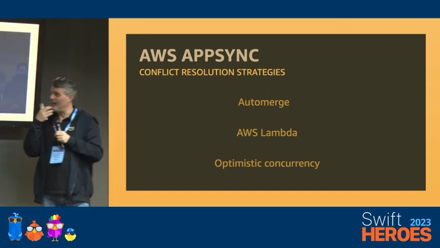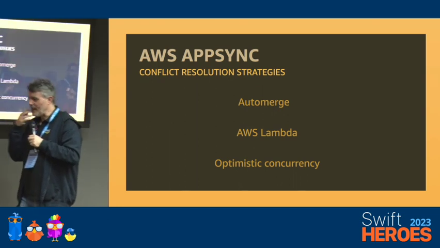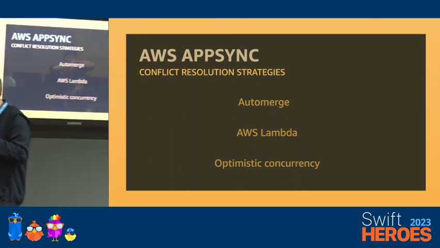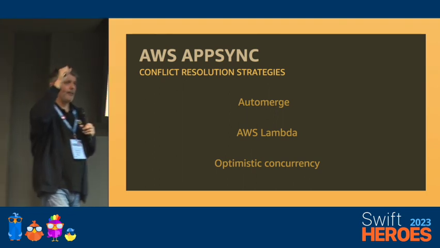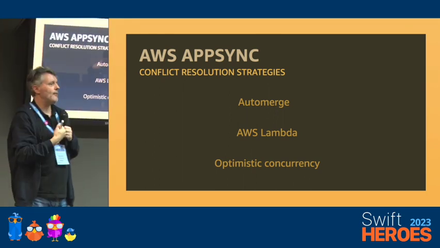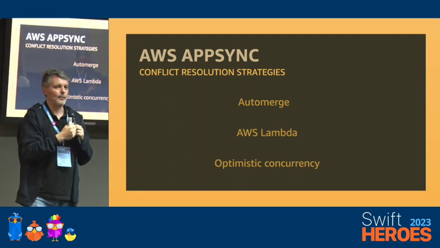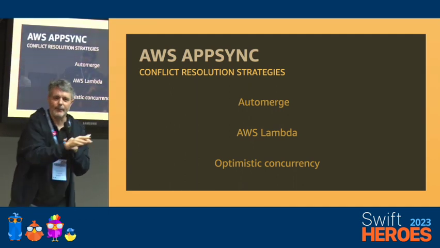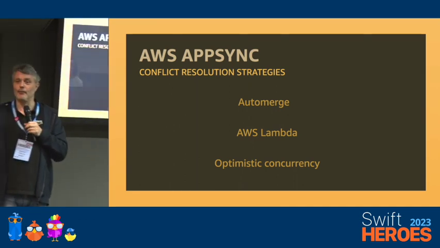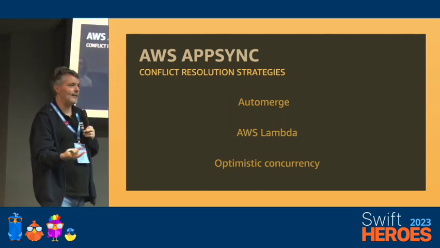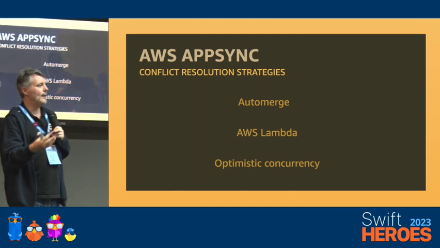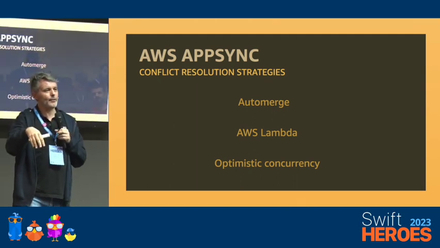It's called optimistic concurrency. And the idea with optimistic concurrency is that, remember, we have a version field. So I have version 3 of something. I change something, so my local version becomes version 4. So Amplify DataStore is going to try to write version 4 to the database. And the system, AppSync, will accept the change only if in the database it's still version 3.